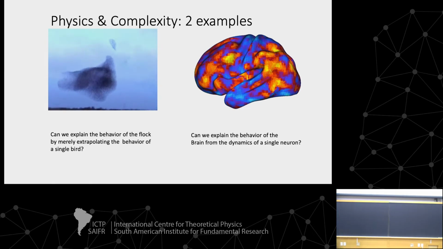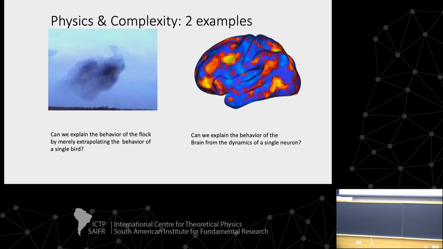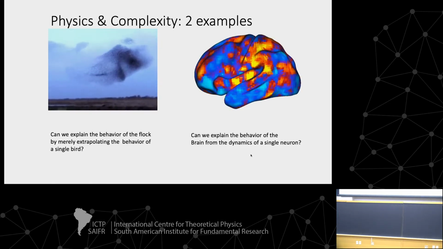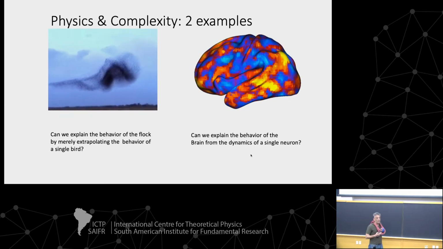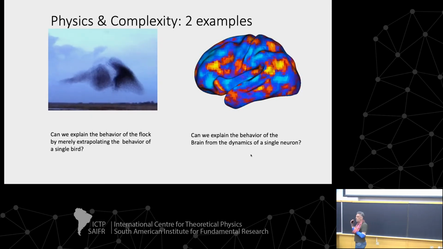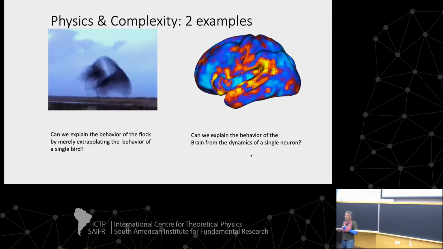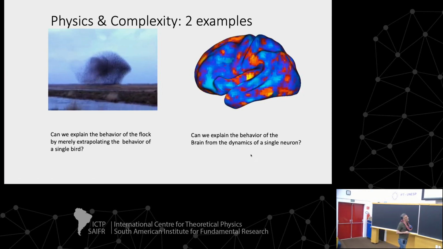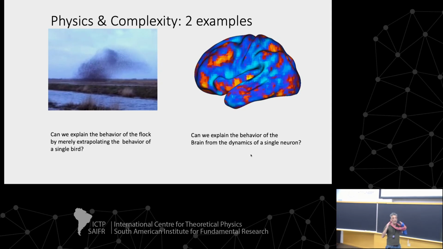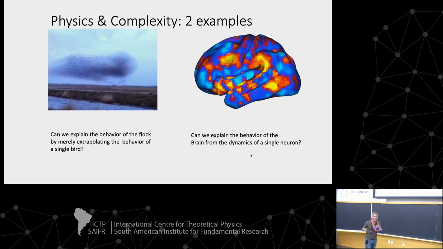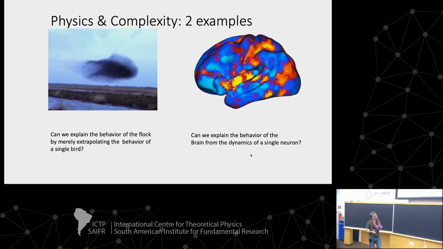The same happens in the brain. This is fMRI data acquisition of someone doing nothing, at rest, and we can see here that even when we are doing nothing, the brain has some level of organization.